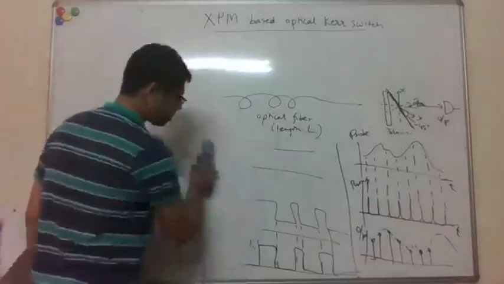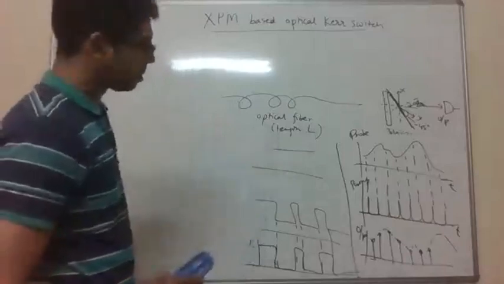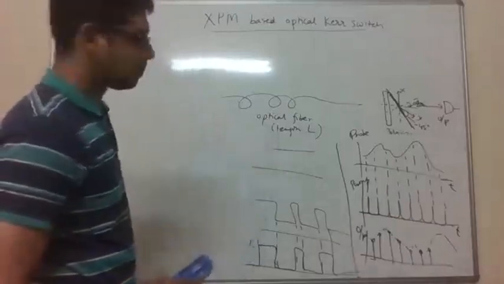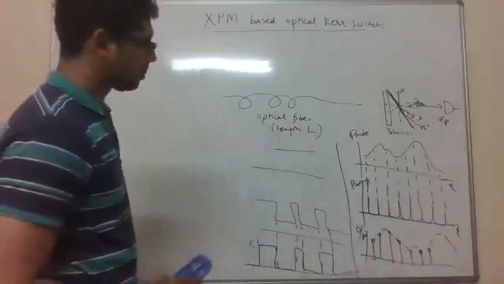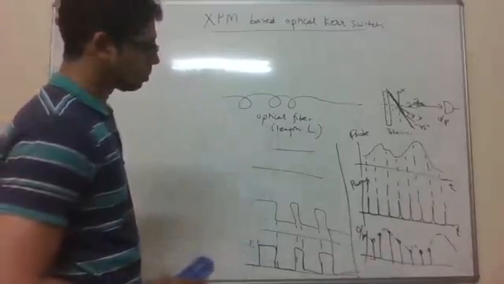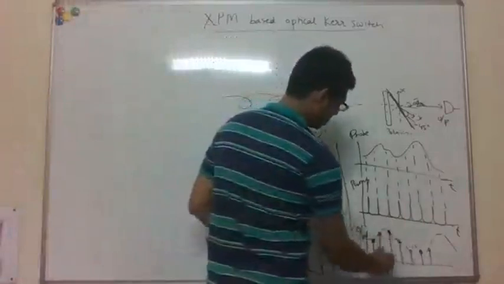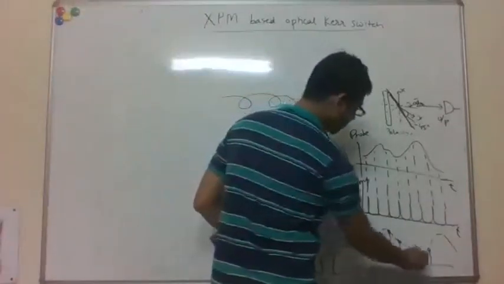Sir, here in the optical sampling, at the output the intensity of the probe will be different, but the pattern will be the same. Yeah, you're just taking samples of the probe at periodic time intervals. That's sampling, right?